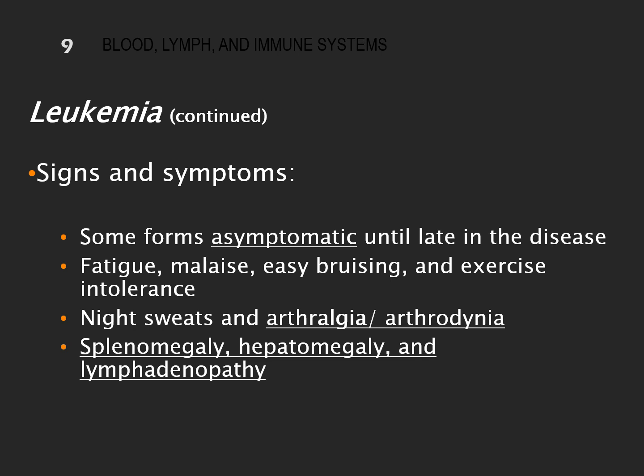If you remember, that would be pain in the joints. And then you have splenomegaly and hepatomegaly. That would be enlargement of the spleen and the liver. You can also make that one word, splenohepatomegaly or hepatosplenomegaly. And then we have lymphadenopathy, which is disease of the lymph nodes.